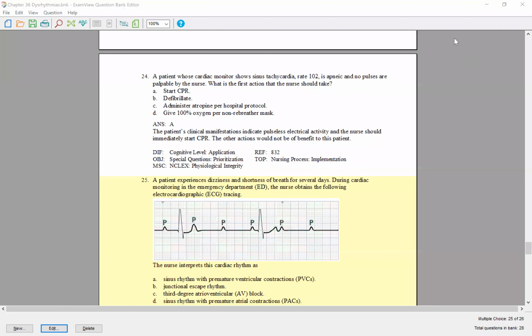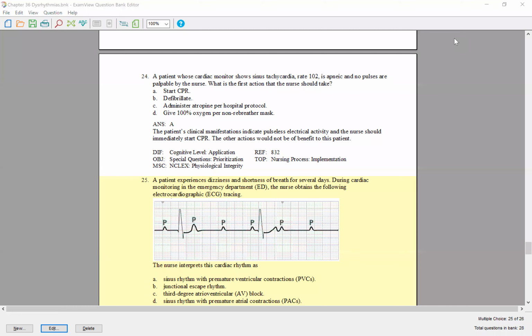Professor, I thought that in third degree AV blocks, the P waves are gone. No, that's second degree. Isn't third degree AV block, which this is, also a ventricular escape rhythm? No, don't confuse the two.